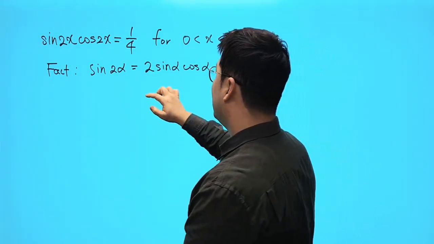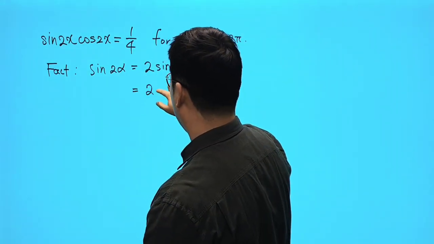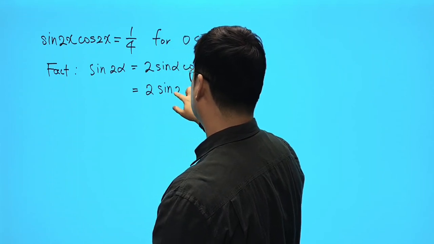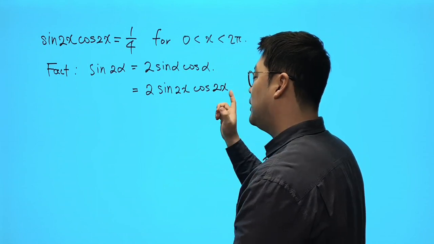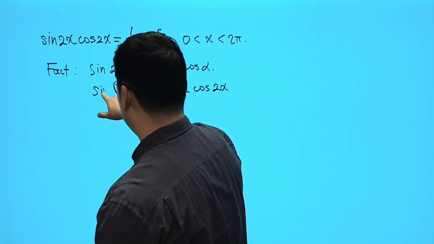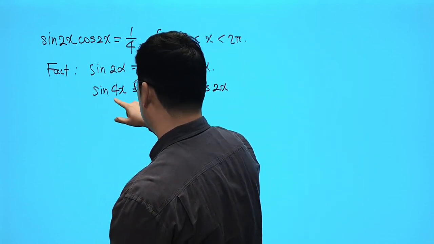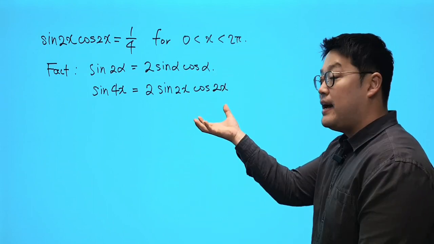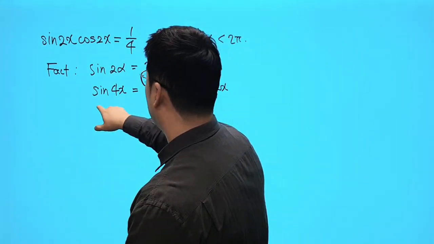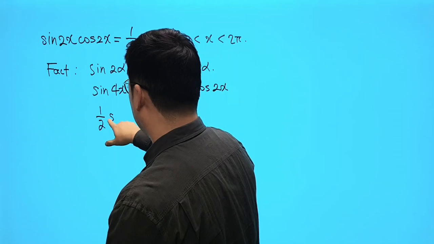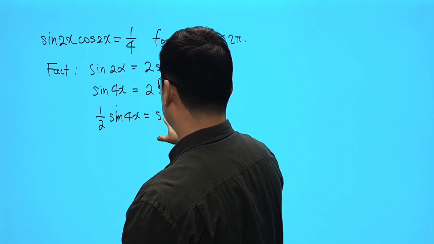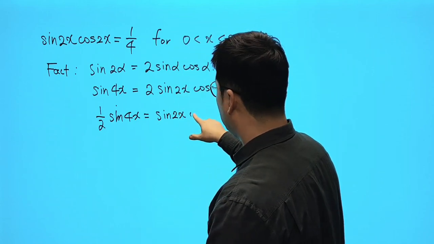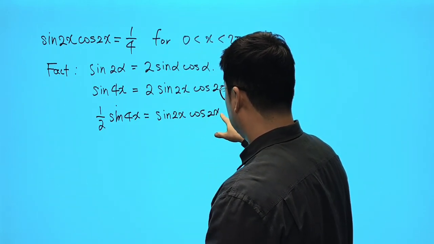In other words, we might have 2 times sine 2x cosine 2x, which will turn into sine 4x. Now, if I divide it by 2, you can check that 1/2 sine 4x is indeed sine 2x cosine 2x. Does that make sense?